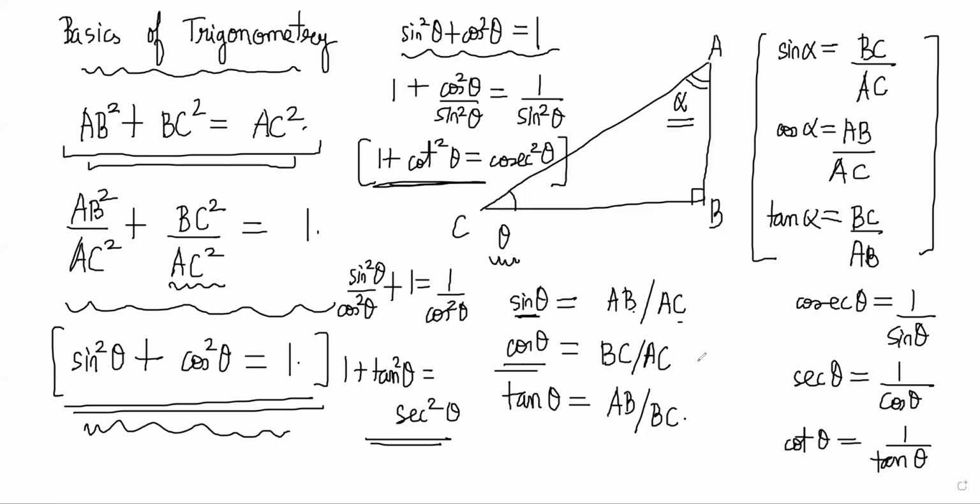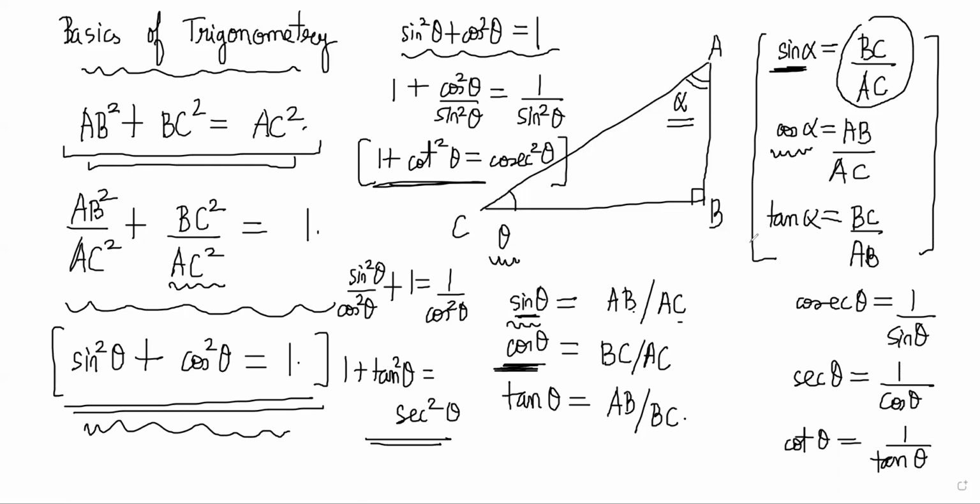Also, one more thing to notice is that sine alpha is the same as cos theta, right? See, both are BC by AC, right? Similarly, cos alpha is the same as sine theta, right?